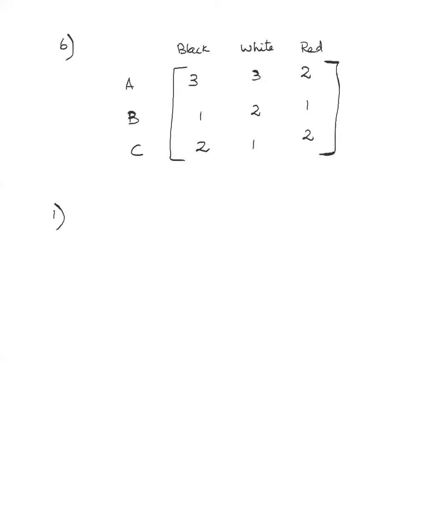Number 7, solve the problem. Bonds and Able sell life, health, and auto insurance. Sales for May and June are given in the matrices. So there are 2 matrices for the 2 months, May and June.